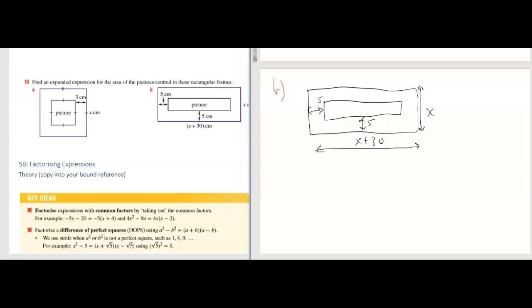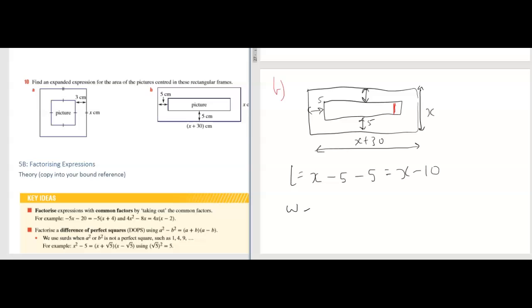And it's the same. So if we want to just do our length first, so let's do the easier one, the x. This distance here is just going to be x minus what we don't want, so the 5 and the 5. So it's 5 on this side and 5 this side too. So your length is going to be equal to x minus 10.